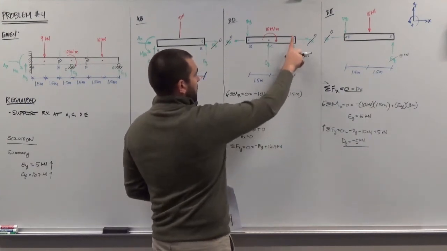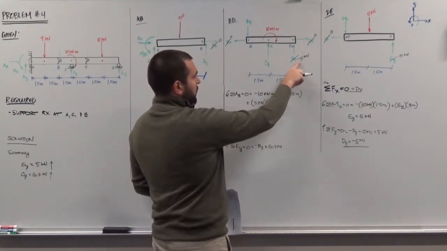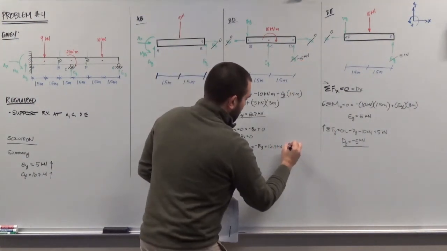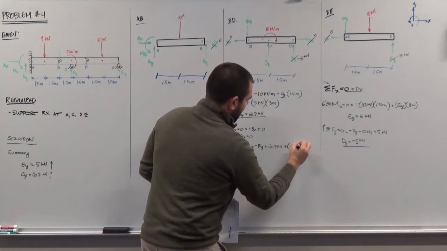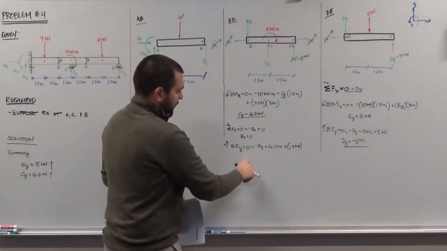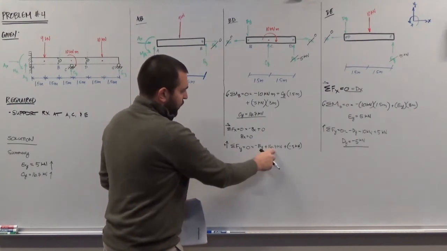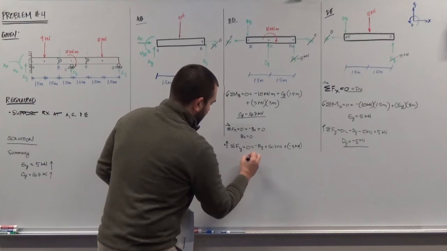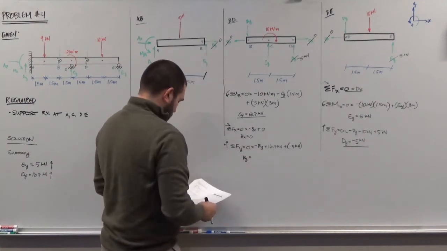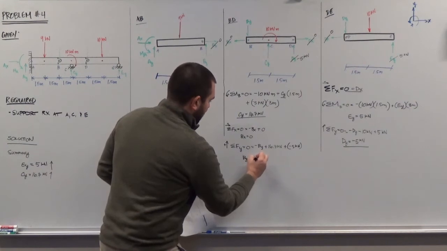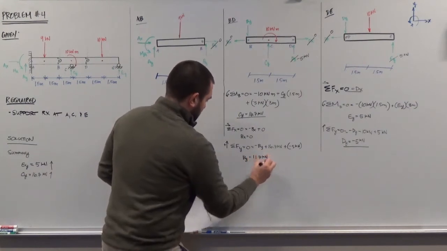And then plus Dy, that has a magnitude of negative 5 kilonewtons. So plus negative 5 kilonewtons. All right, so here By just ends up by itself on one side, then we get 16.7 minus 5. I get that By equals 11.7 kilonewtons.